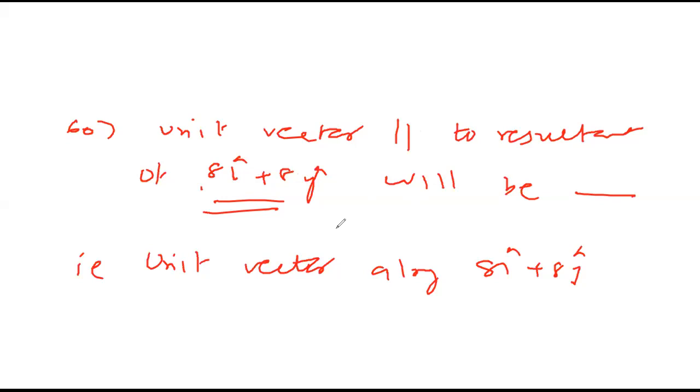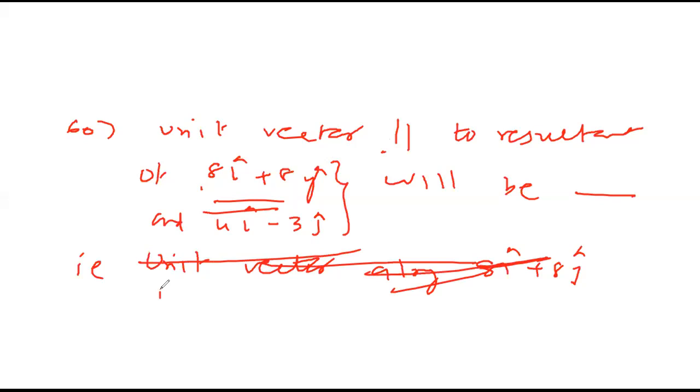So from this, it will be the resultant of this vector and one more vector which is not given, it is a mistake in the book. So write 4i minus 3j. So the unit vector is parallel to the resultant of these two. What is the resultant of 8i plus 8j and 4i minus 3j?